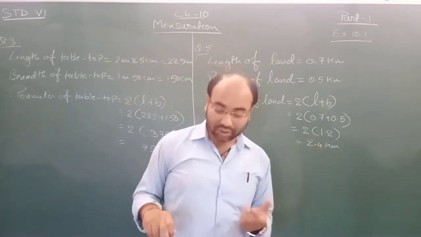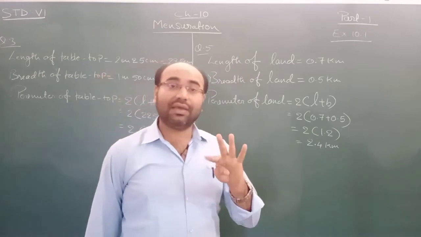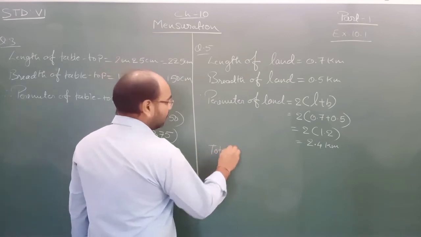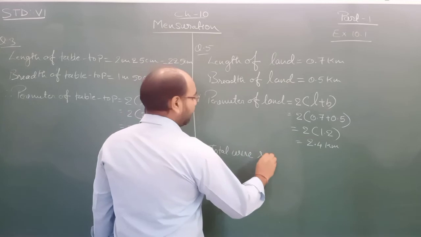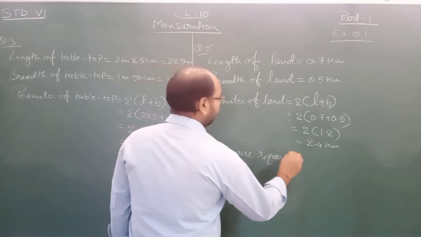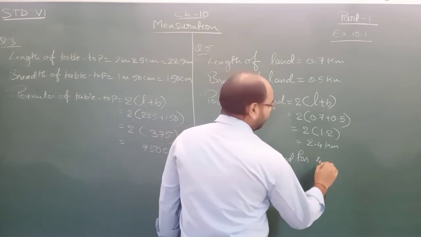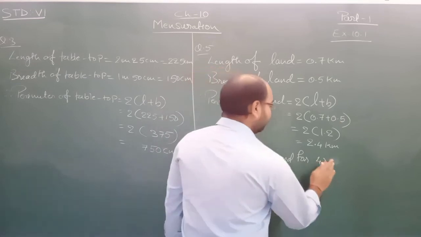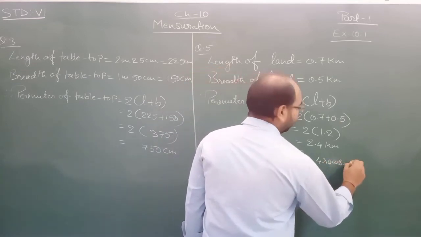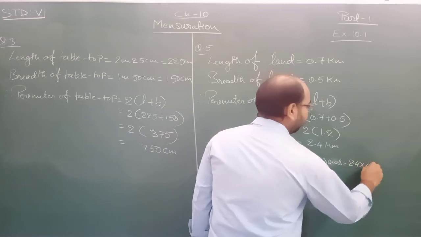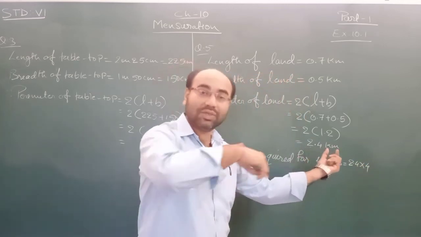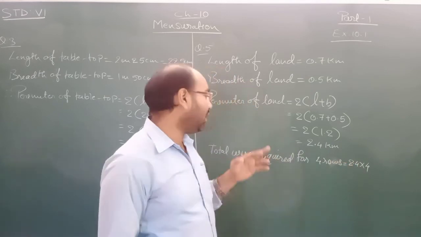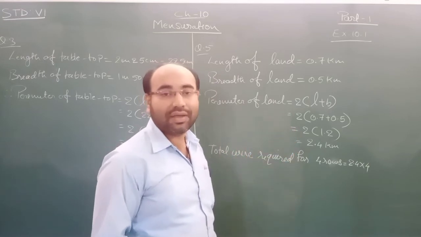But as क्वेश्चन में बोला है कि 4 राउंड्स के लिए कितना वायर चाहिए, so that we have to find out. Therefore total wire required for 4 rows, sorry 4 rows बोला है, so 4 rows will be equal to what, 2.4 into 4, क्योंकि ये जो मिला है that is just for one round, उससे just एक ही बार होगा, but like that total 4 rows करने हैं, so 4 times same number of wire will be required.